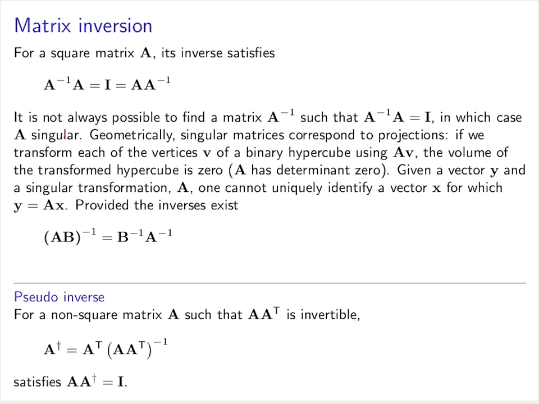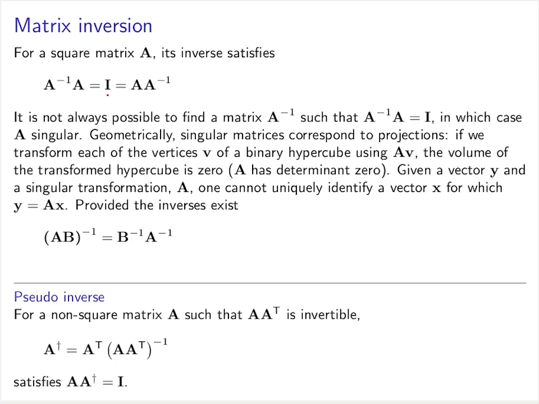The definition of the inverse of A is that if I multiply the inverse to the left of A or to the right of A, the result is the identity matrix. And even if a matrix is square, it's usually the case that the inverse does not exist.